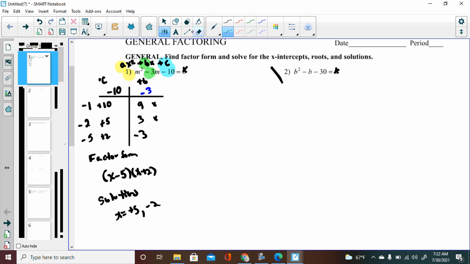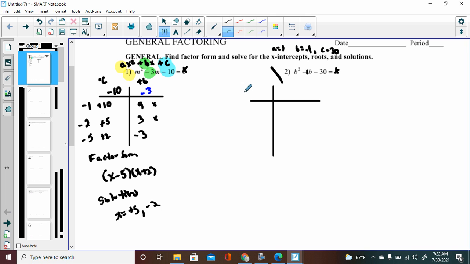Let's try this again. So first of all, I set up my table. I'm going to identify A, B, and C. And if you didn't realize, A is always the number in front. It's 1. B is in here. If I put a -1 right there, it's -1. And C is -30.